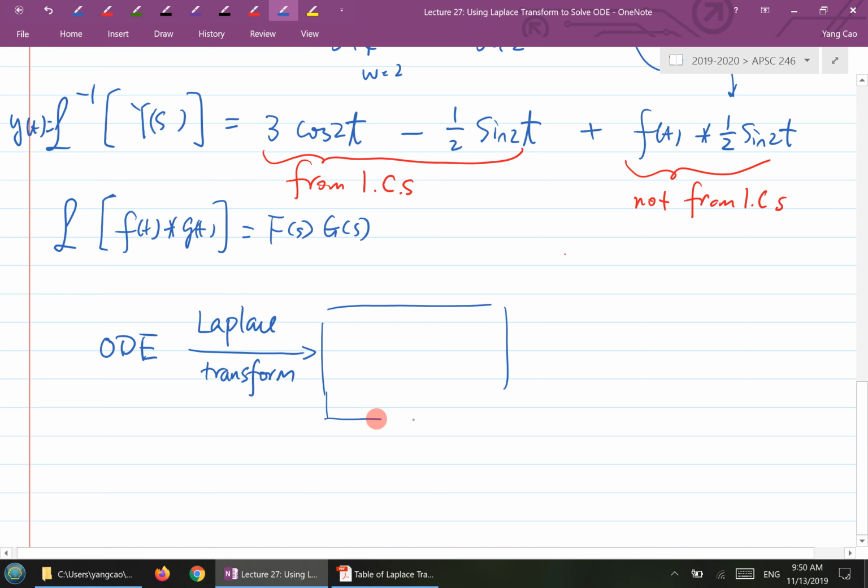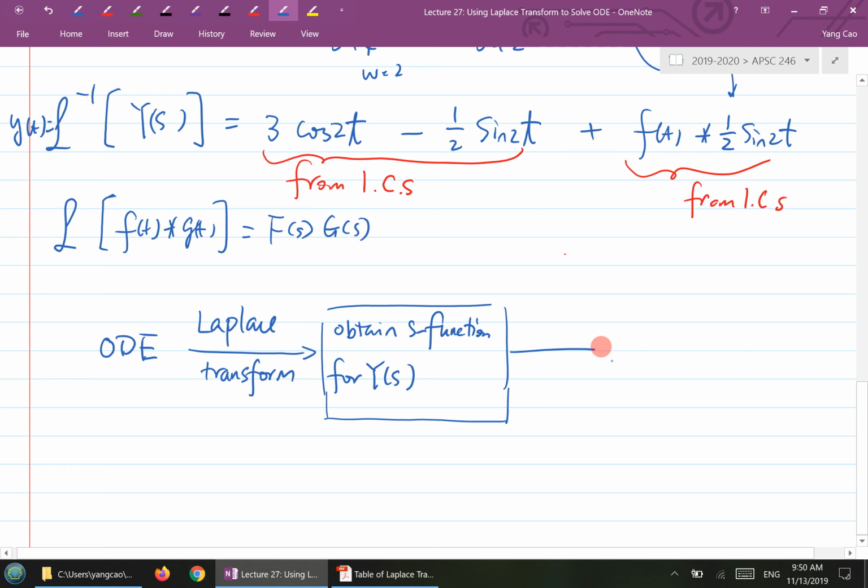Once you take the Laplace transform, by considering the initial conditions and making use of the property of transforming first order and second order derivatives, you will be able to obtain an S function for y of s. Y of s is the output, the system output that we're looking for.